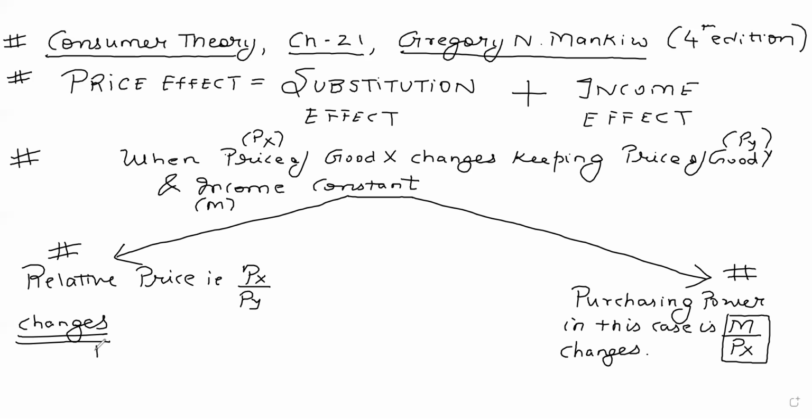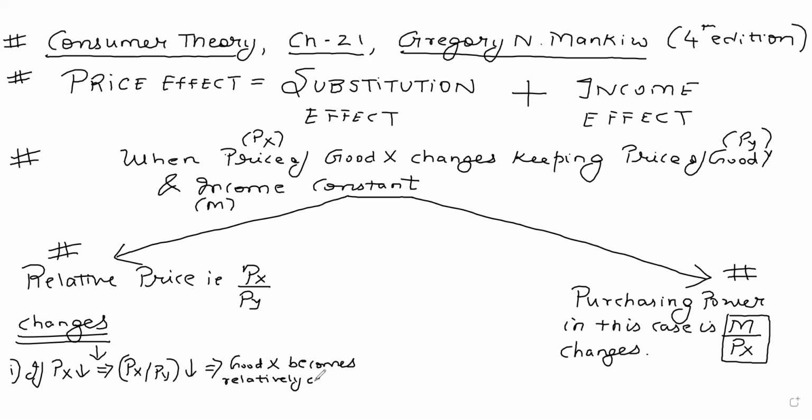So within this, we have the following case, case 1. If PX falls, it implies that my relative price falls. This implies good X becomes relatively cheaper, which implies quantity demanded of good X goes up and quantity demanded of good Y falls.